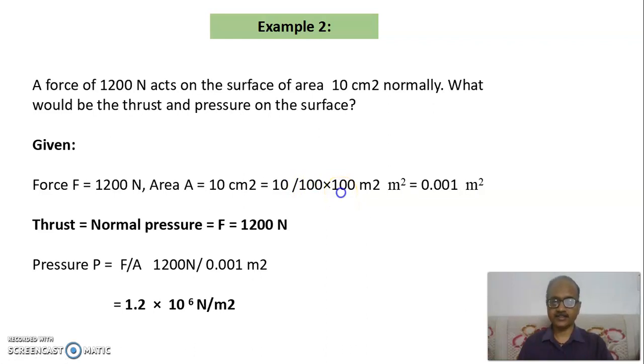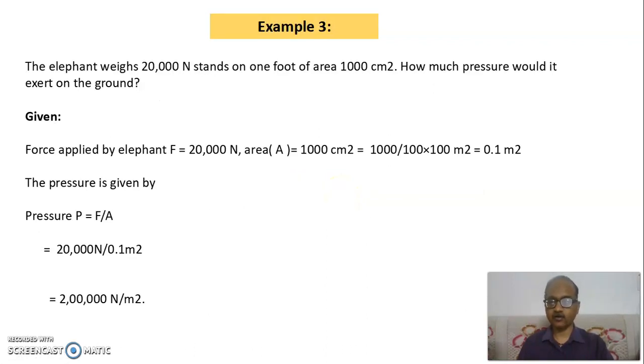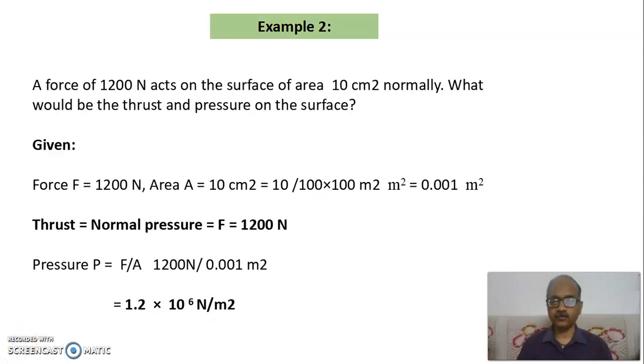So that is 10 upon 100 into 100, that is 10 upon 10,000. 10 divided by 10,000, the zero cancelled, that means 1 upon 1000, and when 1 is divided by 1000, it is equal to 0.001 meter square.